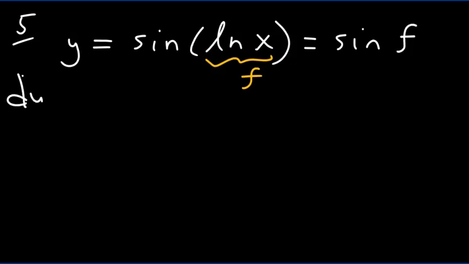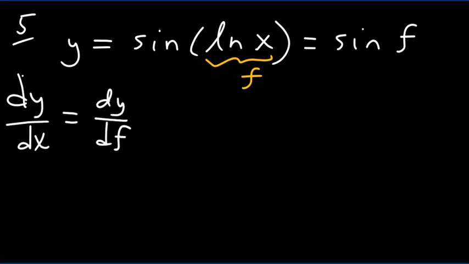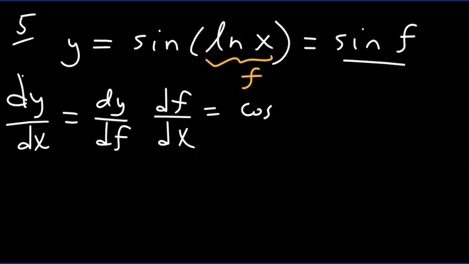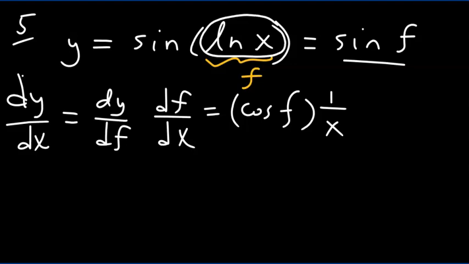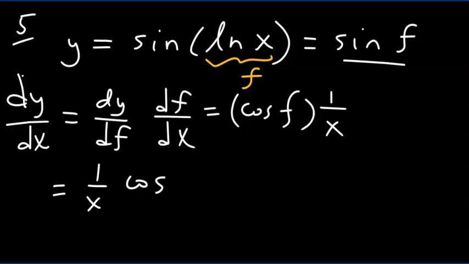So dy dx is dy df times df dx. dy df is cosine of f, and df dx is 1 over x, because when you take the derivative of natural log of x with respect to x, we know the answer is 1 over x. Putting everything together, you have 1 over x times cosine of f, which is cosine of natural log of x.